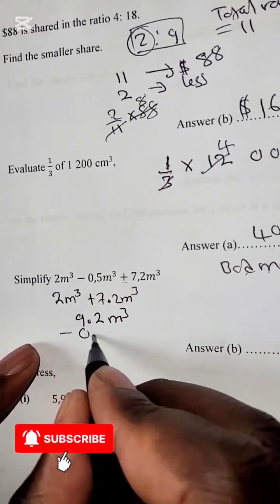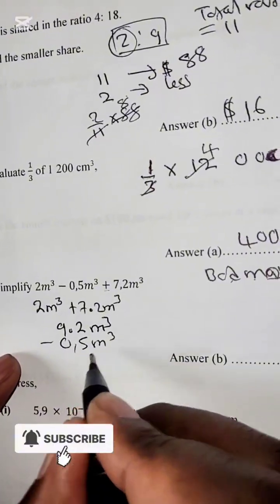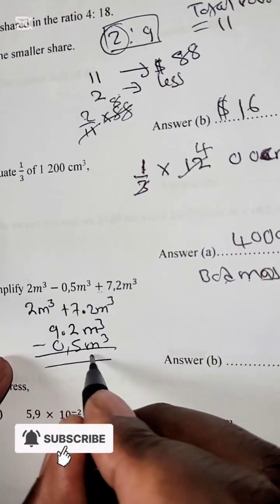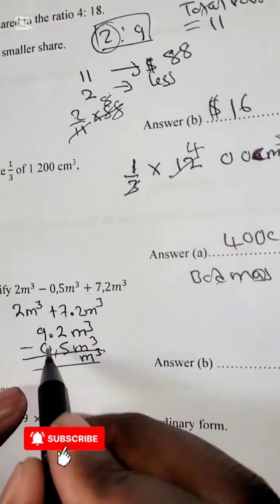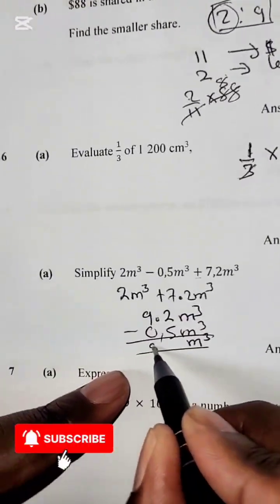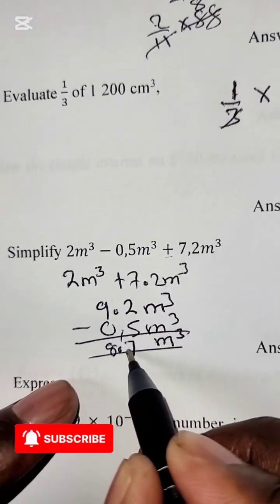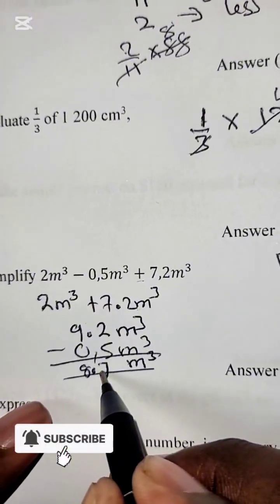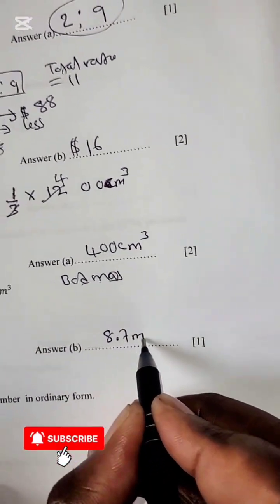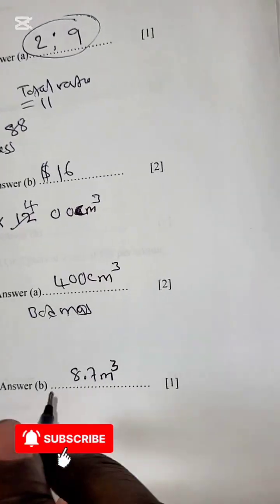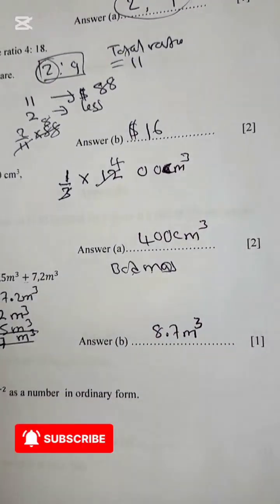Subtract 0.5m to the power of 3. We maintain the same m to the power of 3. So minus, we get 8.7. So the answer will be 8.7 m to the power of 3.